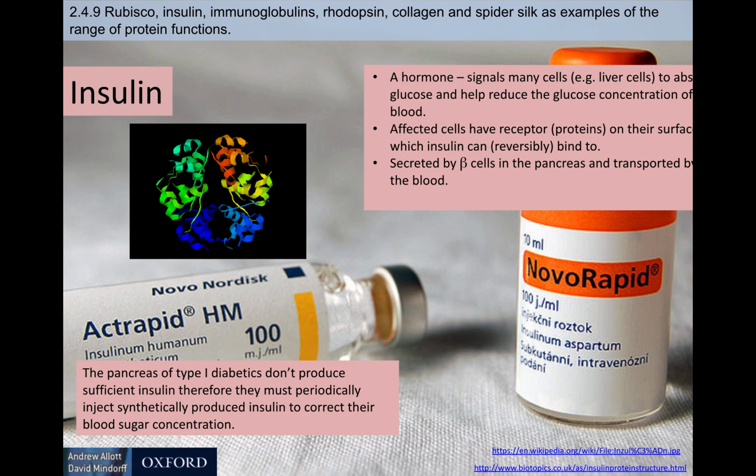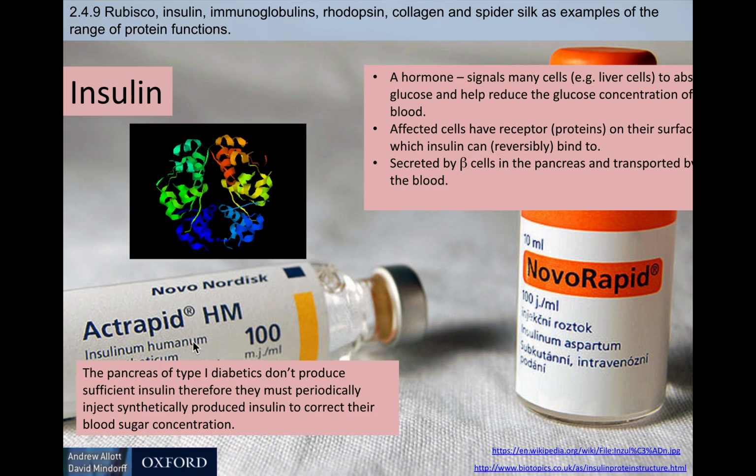So the shape of insulin, which you can see here, binds to those receptors on the cells, and it signals the beta cells in the pancreas to secrete insulin, and then the insulin will be transported through the blood and pick up the glucose.